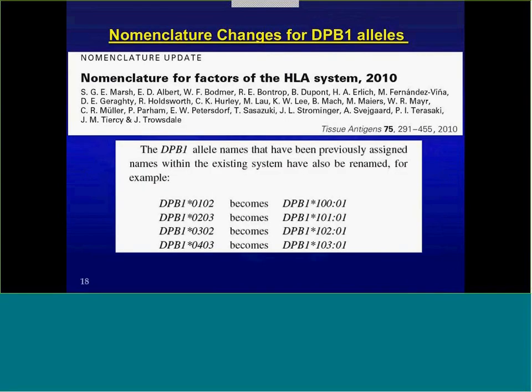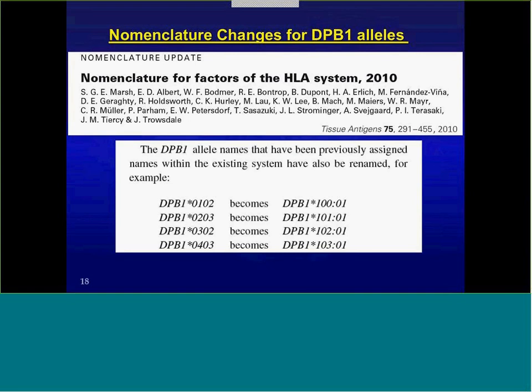Now, with this, we have to recognize that the nomenclature for HLA-DP is a bit complicated, due to a change that occurred in 2010. Prior to 2010, for virtually all the antigens, we had 4 digits as a reporting phenomenon. And the problem is, by the time you got to antigen number 100, you were past being able to use only the 4 digits.